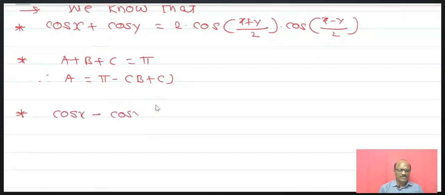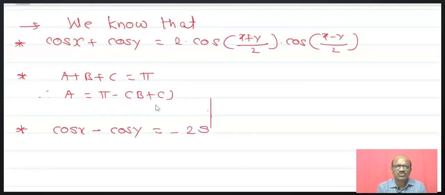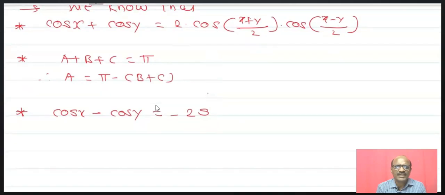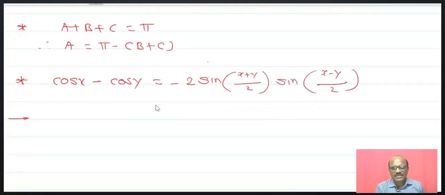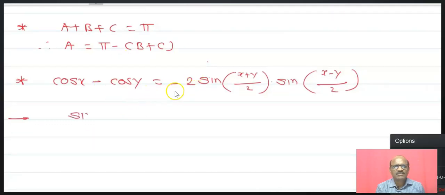Now we have cos x minus cos y is equal to minus 2 times sine of (x plus y) upon 2 into sine of (x minus y) upon 2. Remember also this formula: here we have taken the minus sign, and if you don't want the minus sign, then you can take y minus x, then here must be the plus sign.